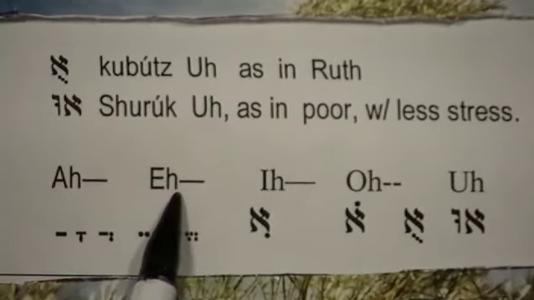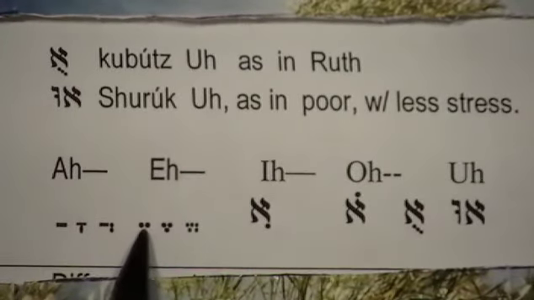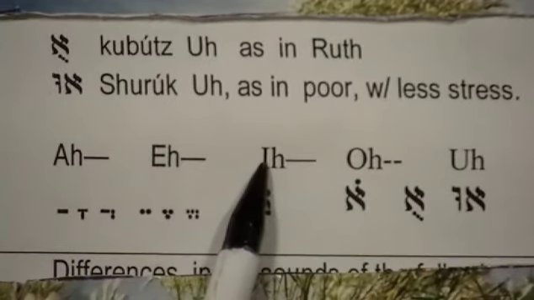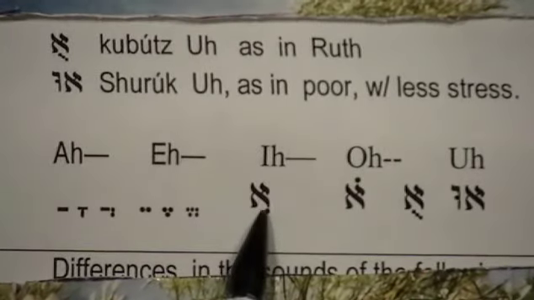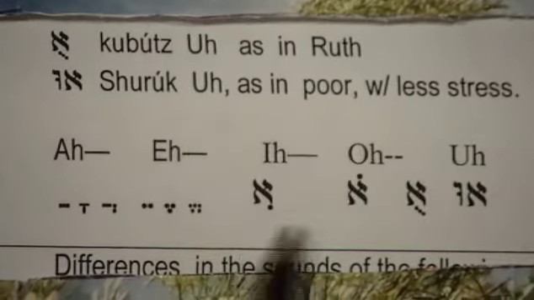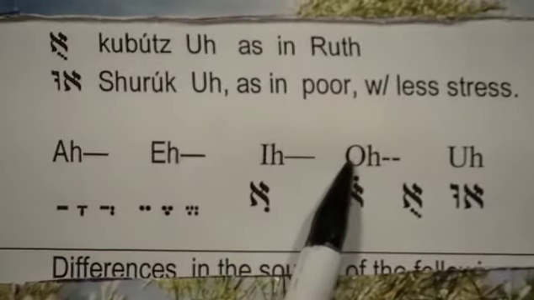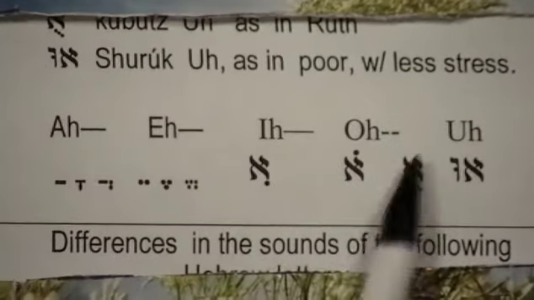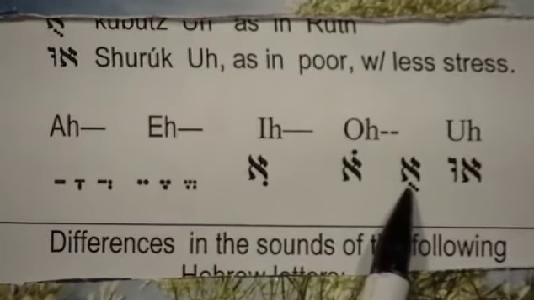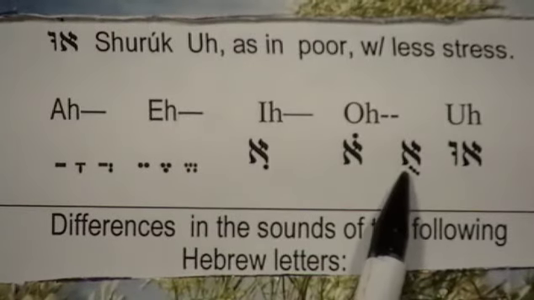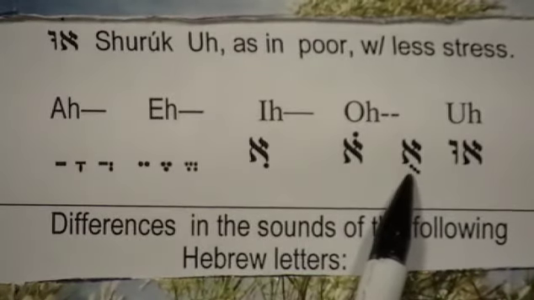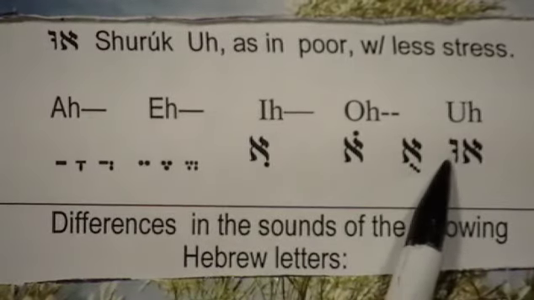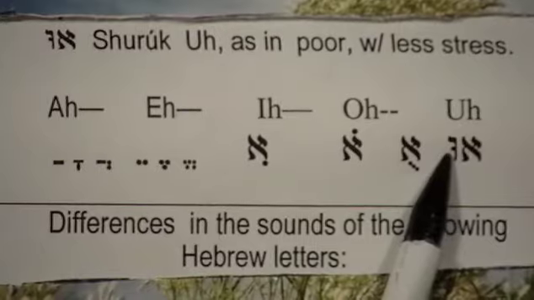For the sound of E, we have this and this and this. For the sound of E, we have a dot on the bottom on any letter. For the O, we have the dot on top. And for the U, we have these diagonal dots, and also the vowel with a dot in the middle.